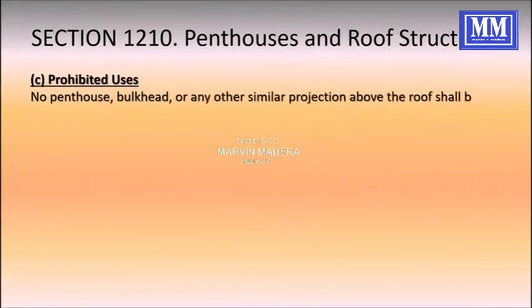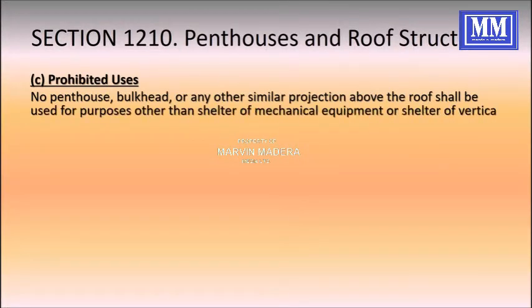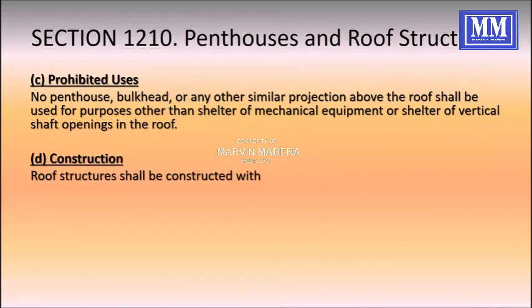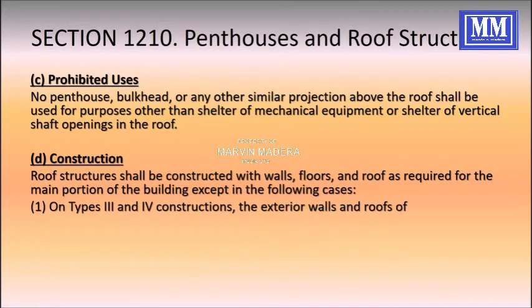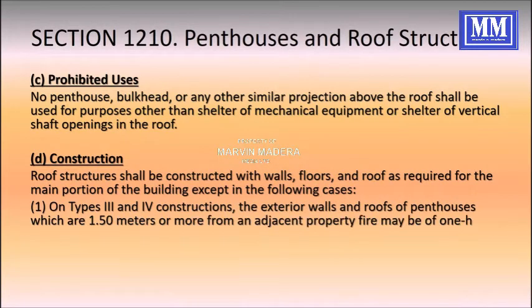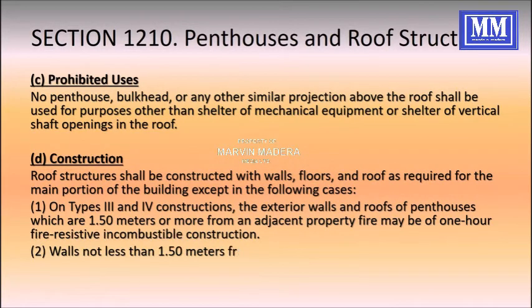Prohibited uses. No penthouse, bulkhead, or any other similar projection above the roof shall be used for purposes other than shelter or mechanical equipment or shelter of vertical shaft openings in the roof. Roof structures shall be constructed with walls, floors, and roof as required for the main portion of the building except in the following cases.